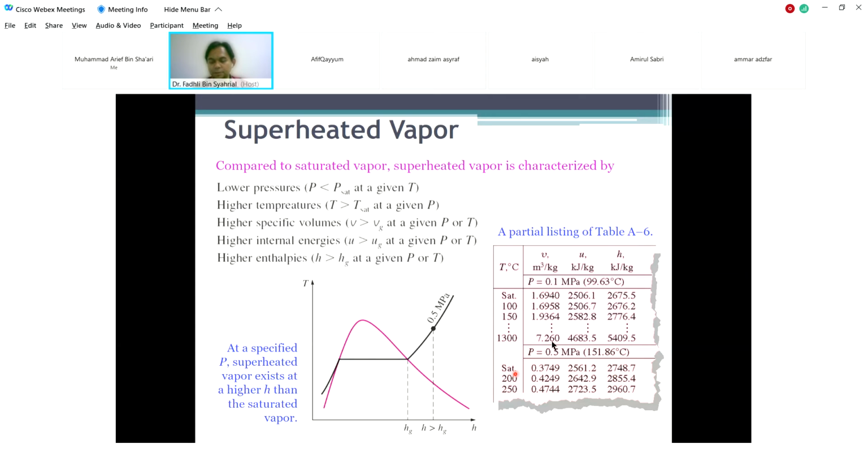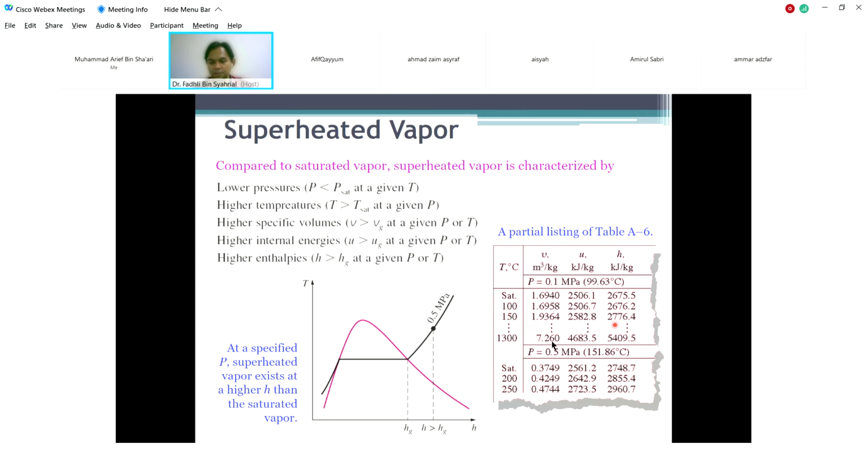Next example, find the enthalpy where the pressure is 0.1 and temperature 150. Find the pressure column first, 0.1 megapascal. So this is the column, pressure 0.1 megapascal. The given temperature is 150. This is 150, and the question asks us to find the enthalpy.